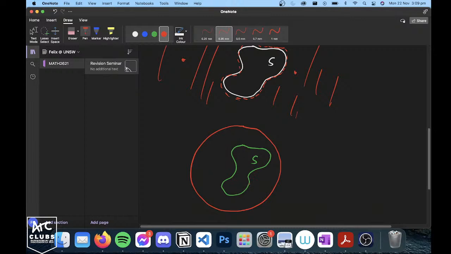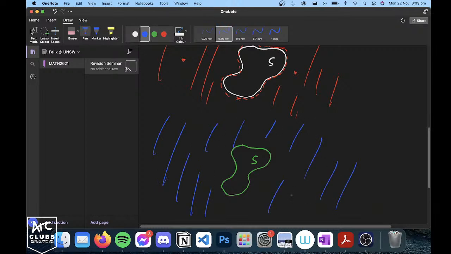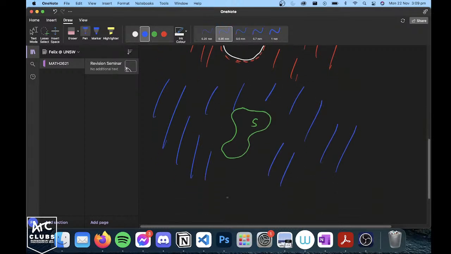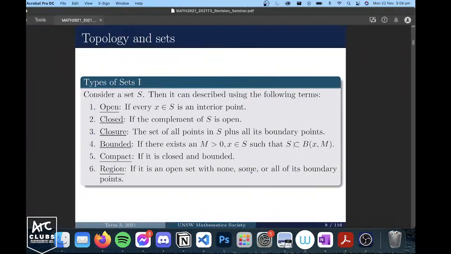I guess a nicer way to think about it is thinking about what is not a bounded set. Well, if we had this green set S, and we looked at its complement, which is this blue here, it's not actually bounded, because it's basically the whole complex plane minus the set S. And so this would be unbounded.